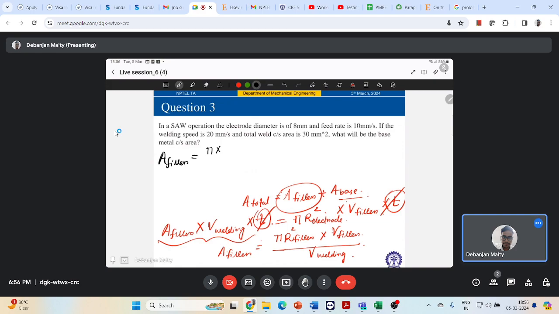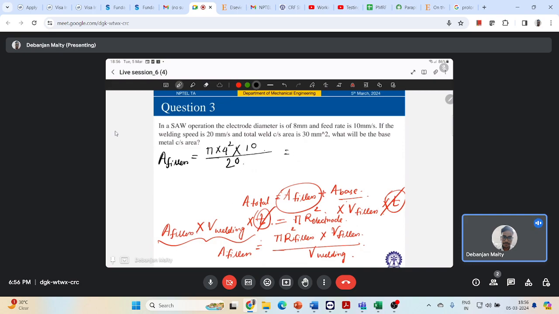Pi into r square into the feed rate, which is 10 mm per second, divided by 20 mm per second.